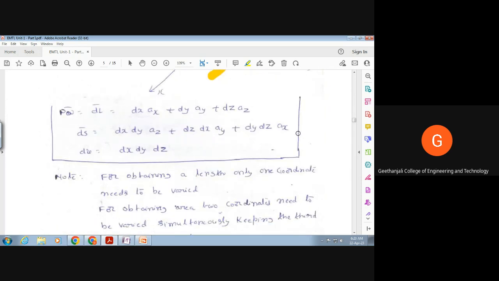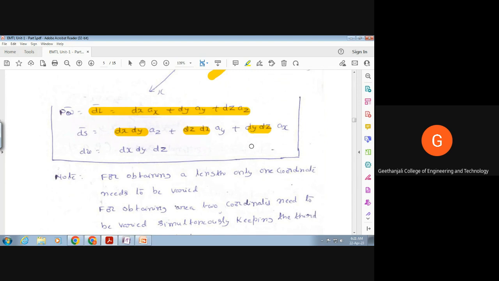One of the most important things that you need to observe, if you look at these expressions: for obtaining dl, it is enough to vary one coordinate only, either x or y or z. But for obtaining area, we need to vary two coordinates at a time: dx into dy keeping z constant, dz into dx keeping y constant, dy into dz keeping x constant.